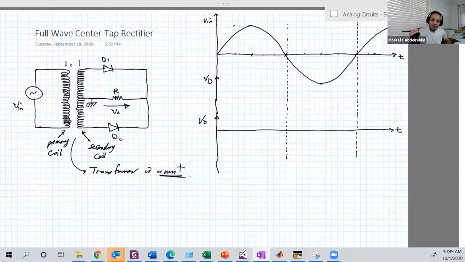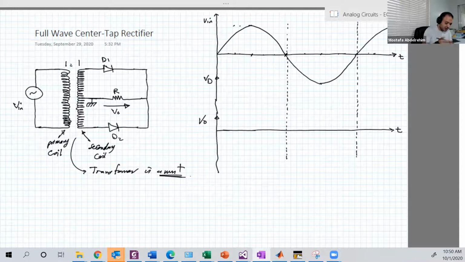So you might have a situation in which you don't need a transformer, but because you want to implement this kind of rectifier, you must have this transformer, because the operation of this circuit is based on the presence of the center tape transformer, even if it's 1-to-1.